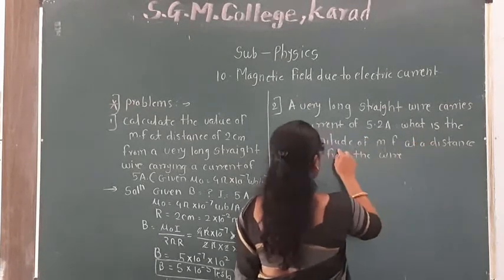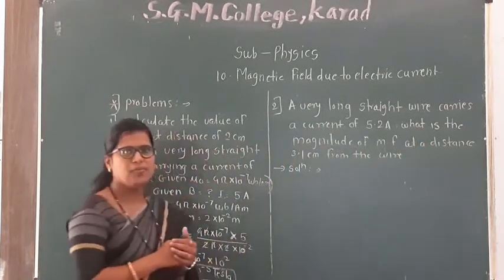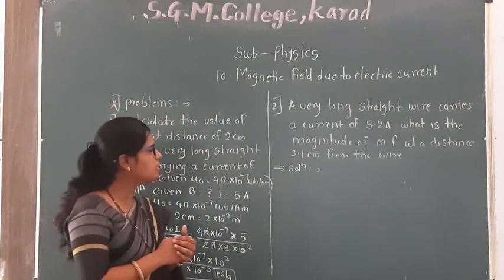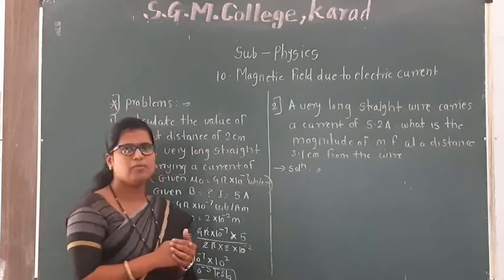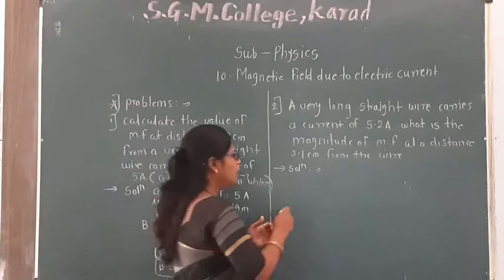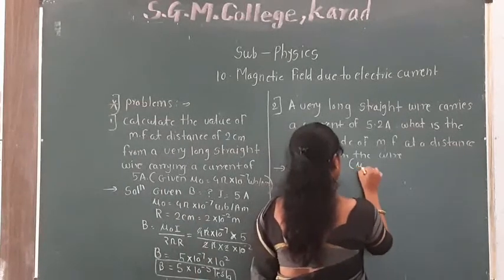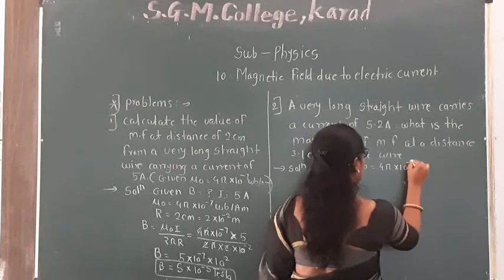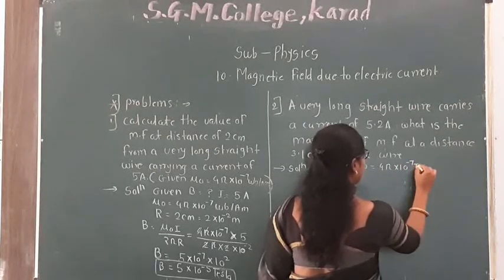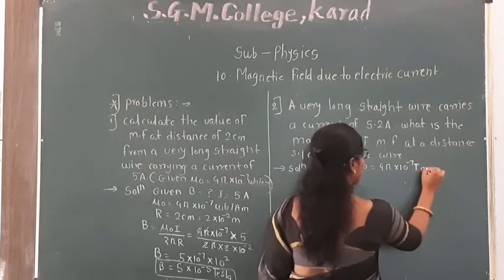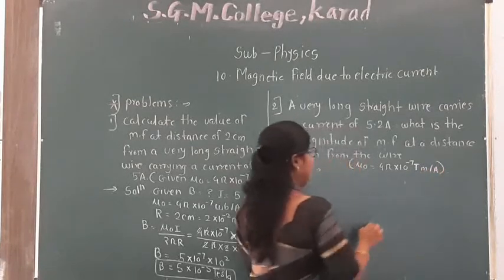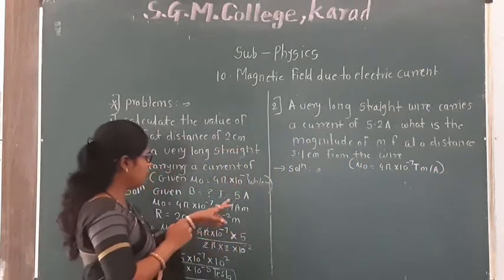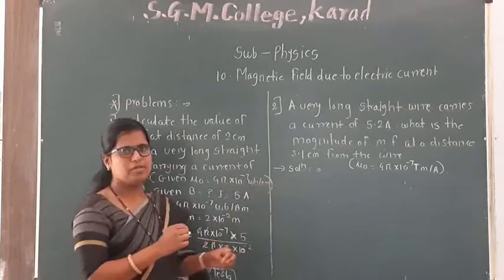What is the magnitude of the magnetic field at a distance of 3.1 centimeter from the wire? Here also mu 0's value is given: mu 0 is equal to 4 pi into 10 raised to minus 7 Tesla meter per ampere. We can use this unit, or the other unit also.